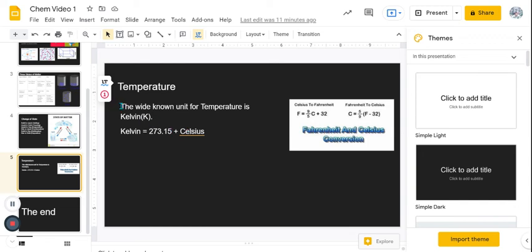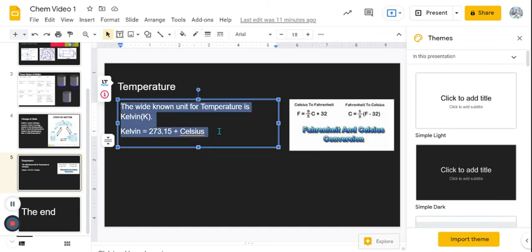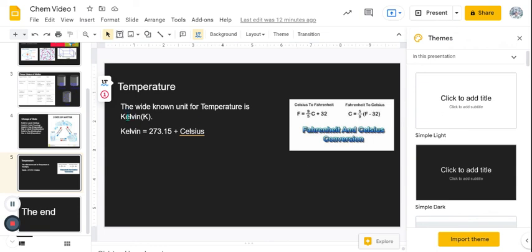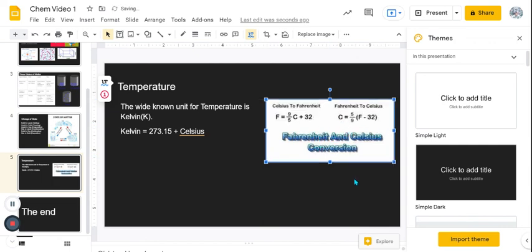But when you get to higher levels, you should make sure that you use Kelvin. Well, it depends on the unit they're asking for, but people prefer Kelvin, I believe. And if you would like to convert between Celsius and Fahrenheit, here are the formulas.